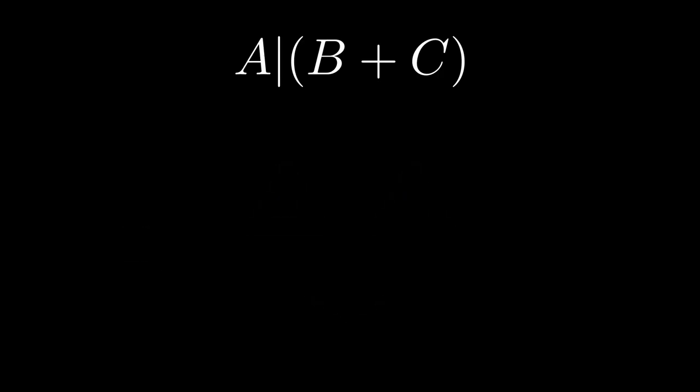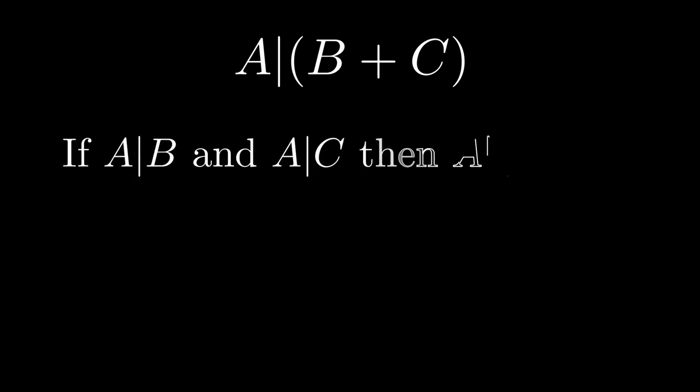For example, by the same logic of the addition proof, we can say if a divides b and a divides c, then a divides b minus c when b is greater than c.